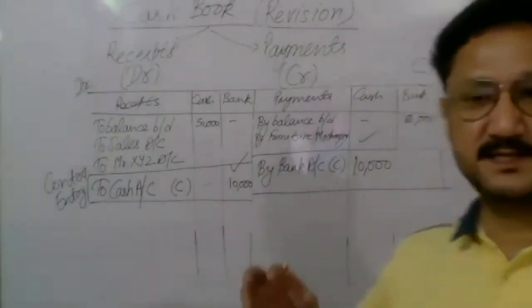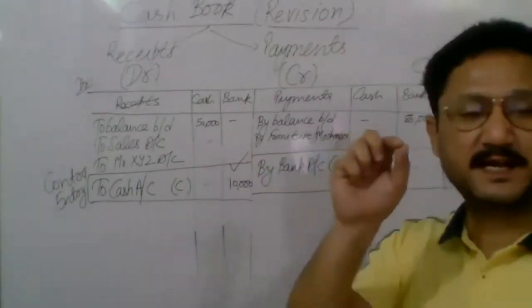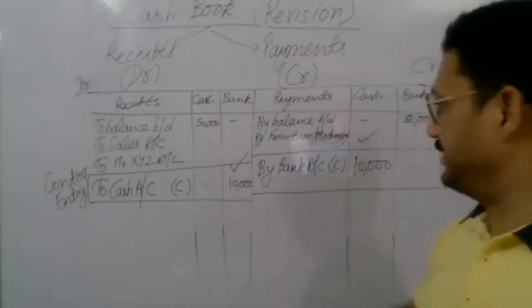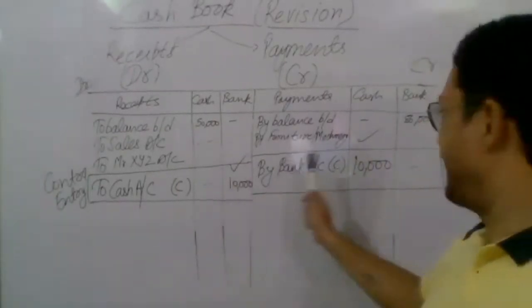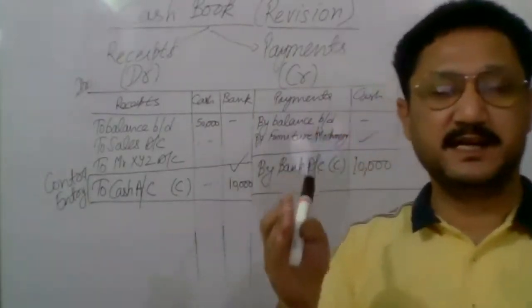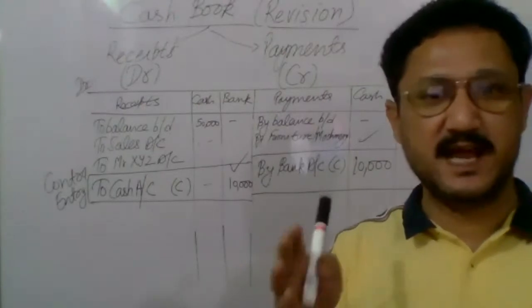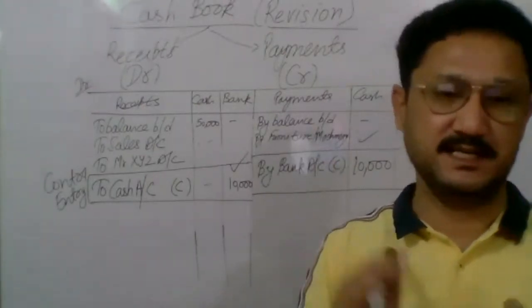Now, Prince, see the definition. Contra entries are those entries which increase and decrease the cash in hand and cash at bank simultaneously.